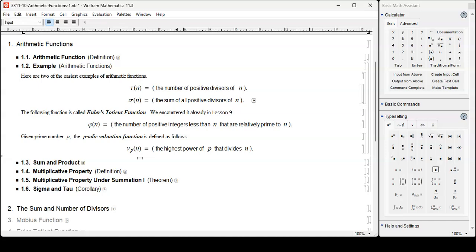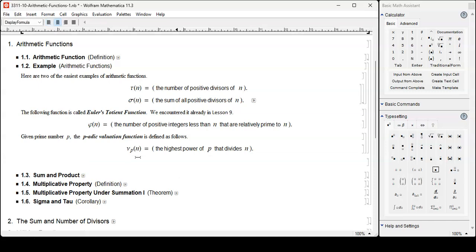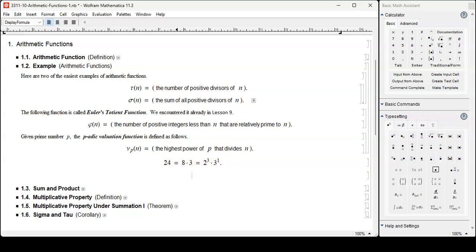That power is what this valuation is looking for. For example, 24 is 8 times 3. So that's 2 to the third power times 3 to the first power, isn't it? And then nu 2 of 24 is 3, this power.